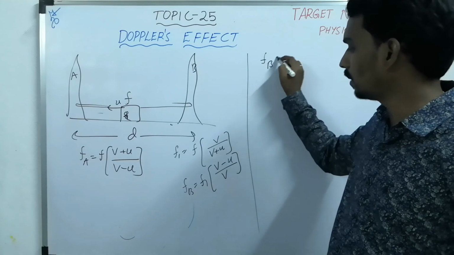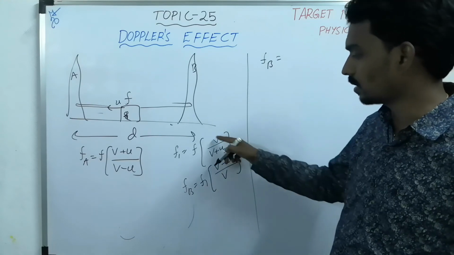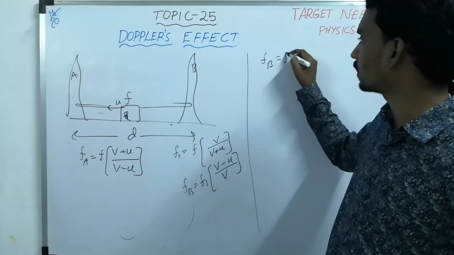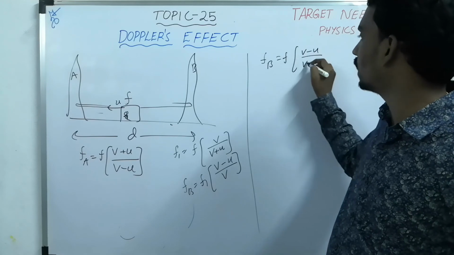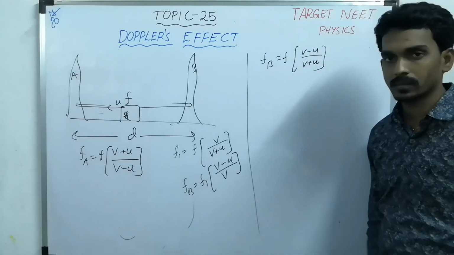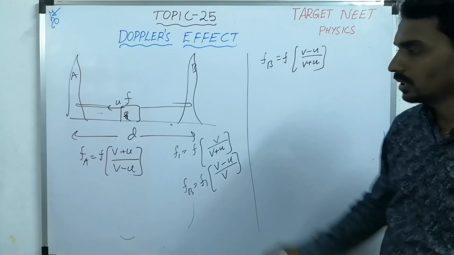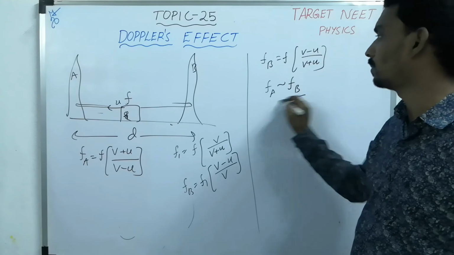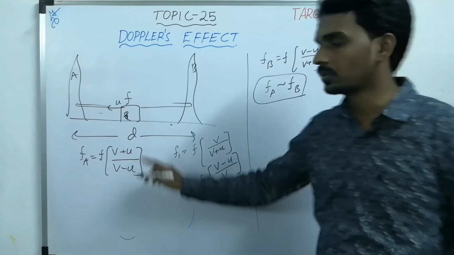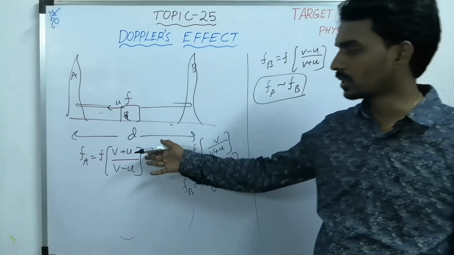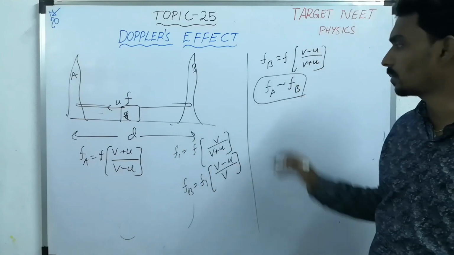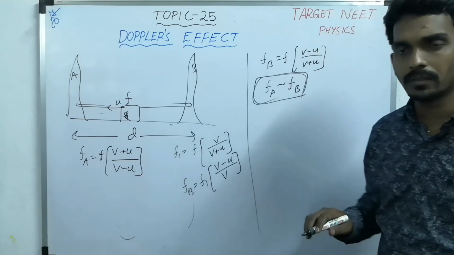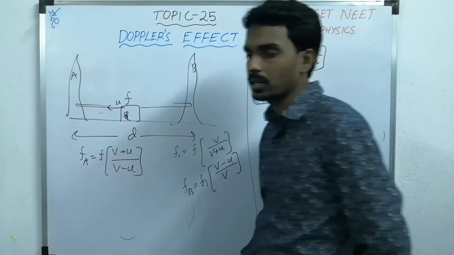So FB will become, F1 is this one. If you substitute, V will get cancelled. So V minus U by V plus U. This is the frequency. Then what is the number of beats? FA minus FB. If they give numerical values, then you can calculate FA separately, FB separately, and take the difference. That is called the number of beats.